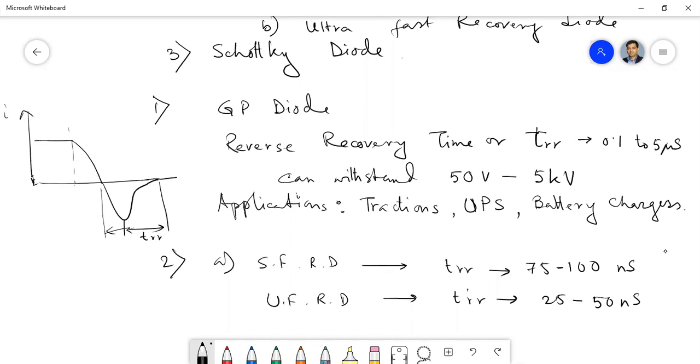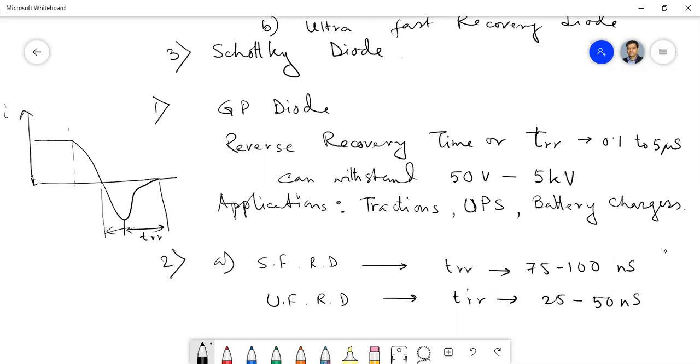Otherwise, as we discussed last day also, the device frequency will be less. If we can operate the device at a higher frequency, we get some specific advantages. If the reverse recovery time itself is high, then the operating frequency will be less, which is not required.